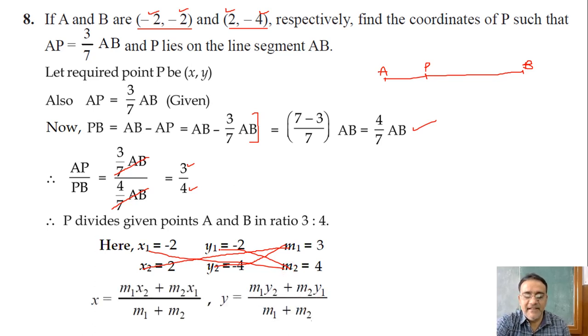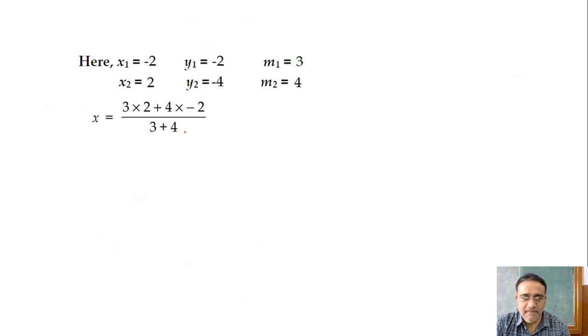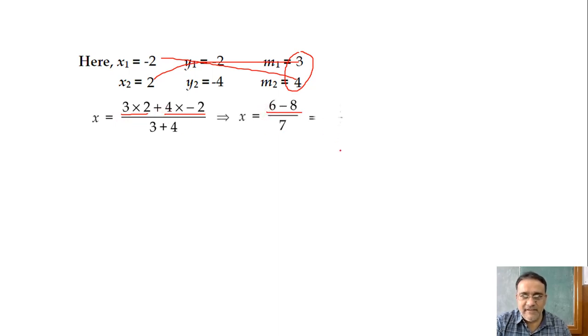Okay, after writing the formula, 1 minute. So we are getting 3 into 2 plus 4 into minus 2 upon 3 plus 4. Okay, so what we are going to get? 6 minus 8 upon 7. So minus 2/7.